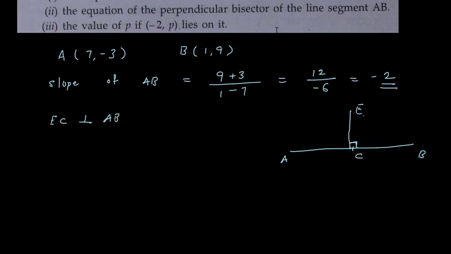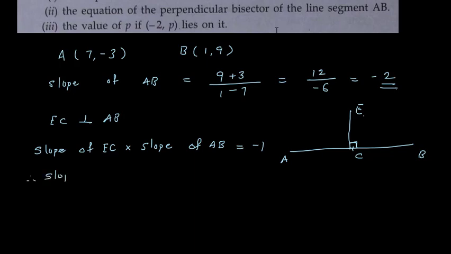As they are perpendicular to each other, the product of their slopes is minus 1.